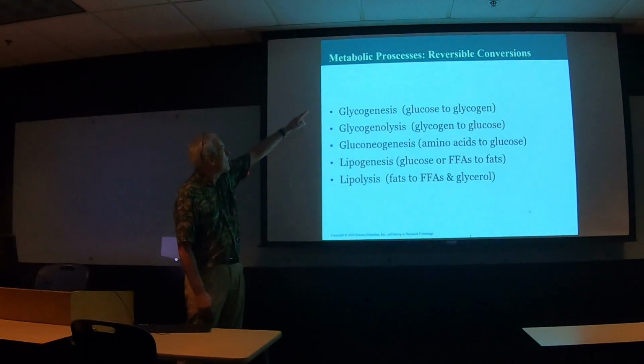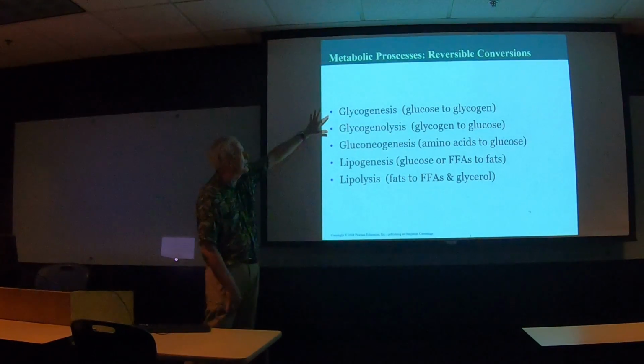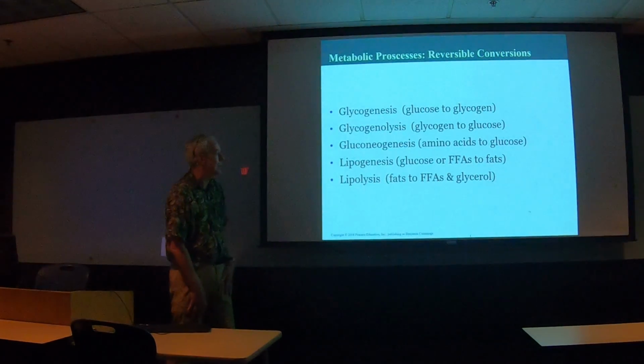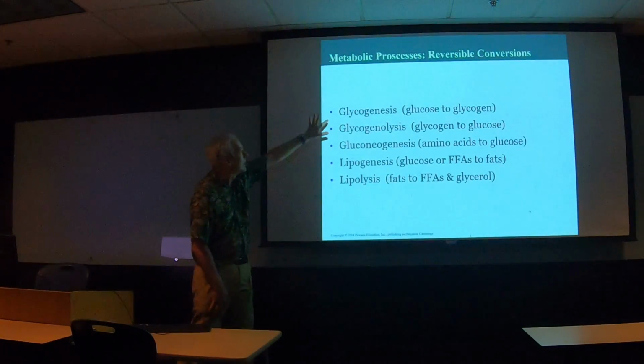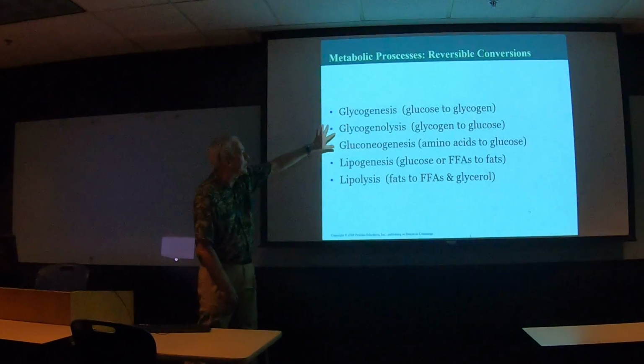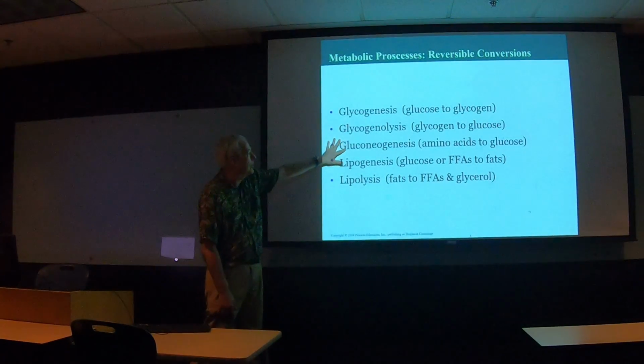All right, so the different processes that we have to learn about in this chapter include glycogenesis, glycogenolysis, gluconeogenesis, lipogenesis, and lipolysis. Glycogenesis is formation of glycogen. Glycogenolysis is the breakdown of that glycogen.